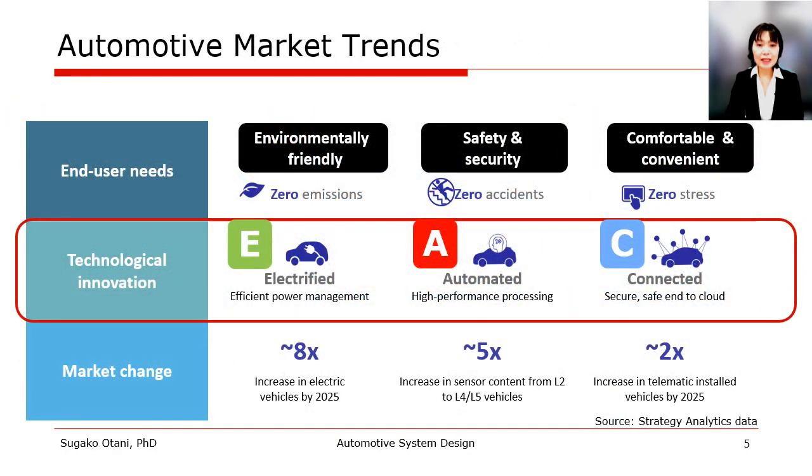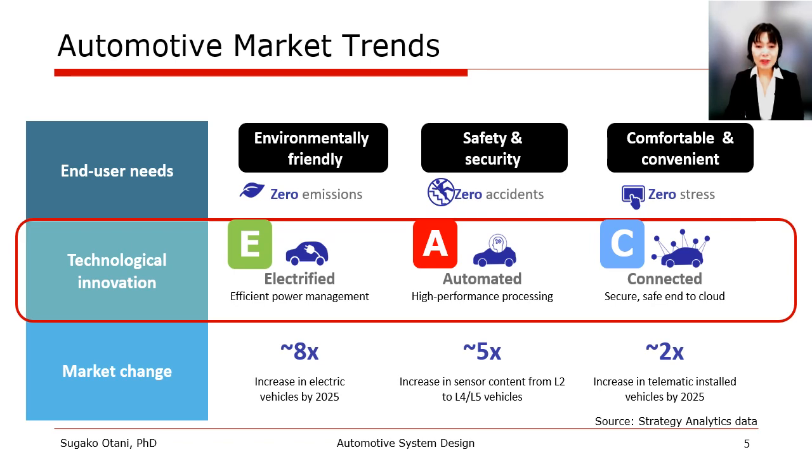Looking at the 3 key technological areas from largest to smallest changes in the market, electric vehicles will increase up to 8 times by 2025. Sensor content will increase up to 5 times in automated vehicles.